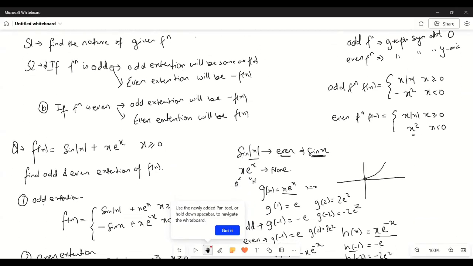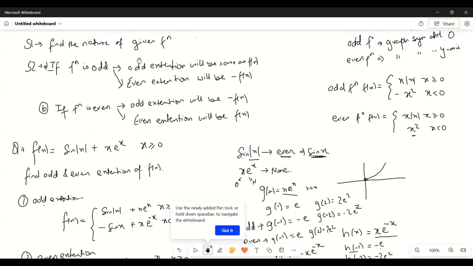So if the given function is already an odd function, तो उसका odd extension will be the same as the function. कुछ नहीं करना है, जो definition चल रहा है वही दूसरे साइड पे भी चिपका दो. अगर इवन एक्सटेंशन करना है देन the value will be minus of f(x), जैसे अपने यहाँ पे किए हैं. f(x) x² था, x² इवन है, तो ऑड एक्सटेंशन में माइनस x² कर देंगे. इवन एक्सटेंशन में x² ऑलरेडी इवन है, तो will continue as x². And that would be true for an even function as well. If a function is already even, तो उसके ऑड एक्सटेंशन में माइनस f(x) जाएगा, इवन एक्सटेंशन में फंक्शन सेम रह जाएगा.